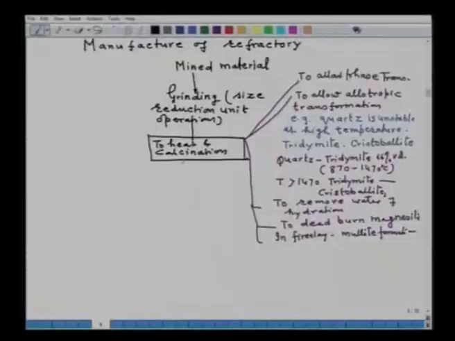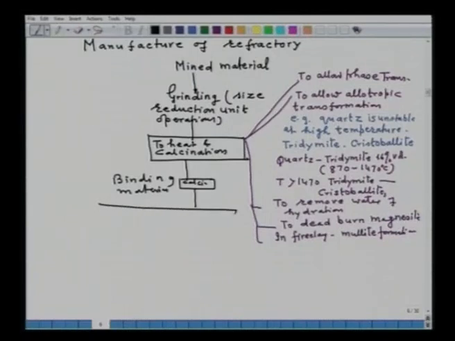Now, this material is taken, and binding materials are added into this calcined material, and this is subjected to mixing to give a shape.